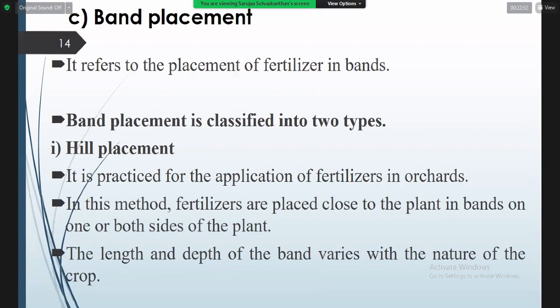In this method, fertilizers are placed close to the plant in a band on one or both sides of the plant. The length and depth of the band vary with the crop and soil type. What crop are you cultivating? What is the soil type? So the length and depth of the band differ.